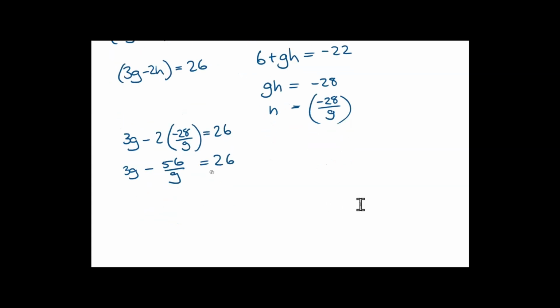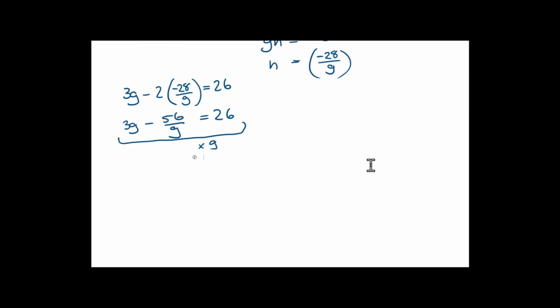How do we solve this one? Well, I'm going to multiply everything by g and turn it into a quadratic equation. So 3g squared minus 56 equals 26g. It's a nifty little trick. It brings 26g over, and now we have a quadratic in g. So now we can solve for g.